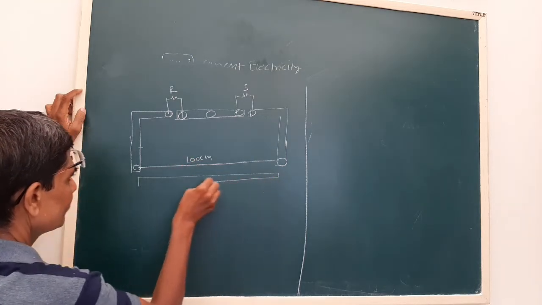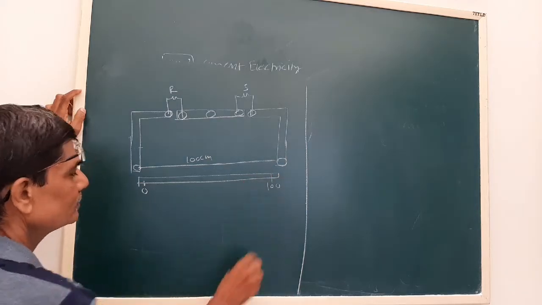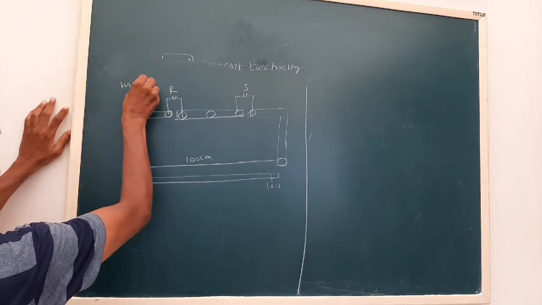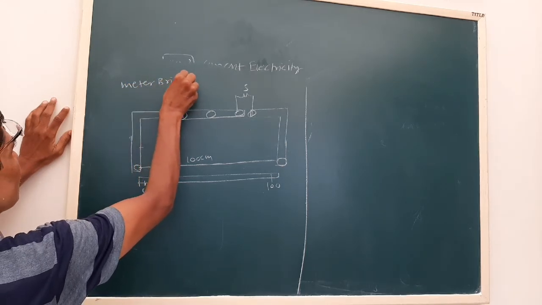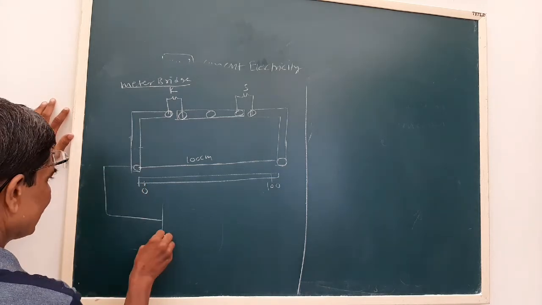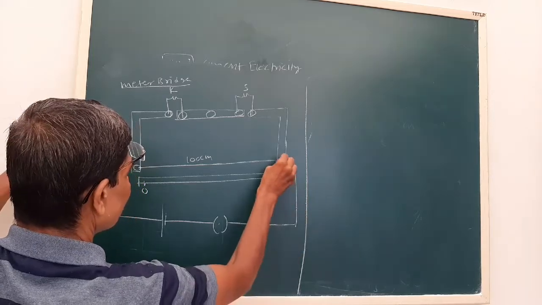Here we arrange a meter scale that shows from 0 to 100. That's why the name is meter bridge. Now the device is connected with a battery and a key like this.